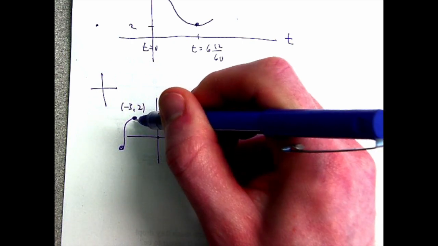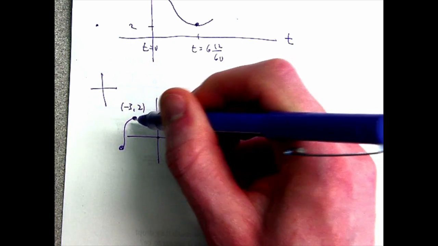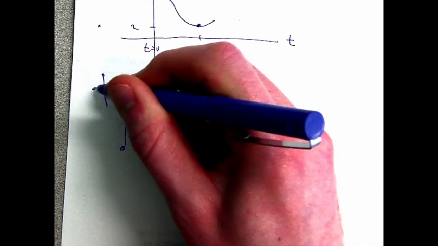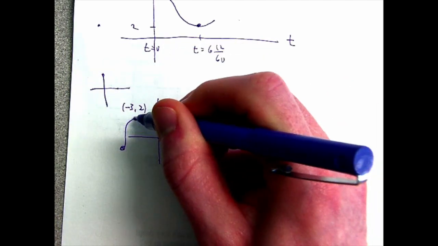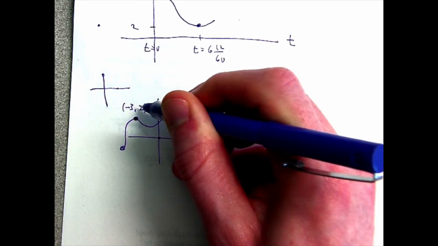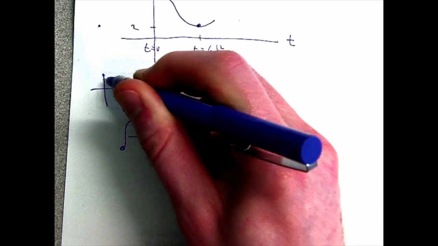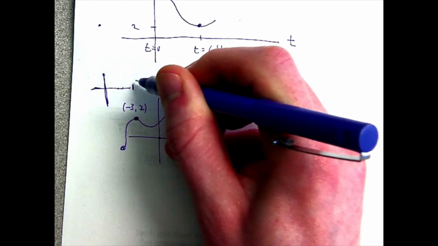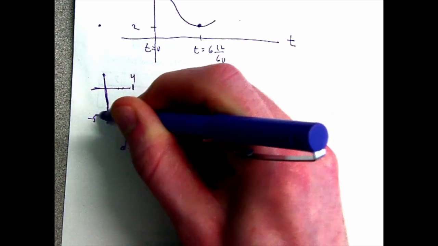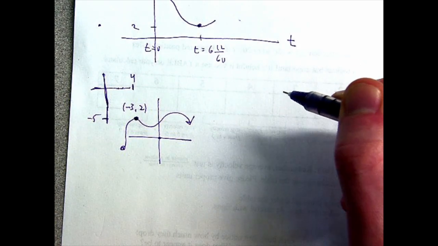And the coordinates that you represent that particle with depend upon where you place your origin. If you place your origin here, then the coordinates of this particle at this time would be not -3, 2, but maybe 4, -5.